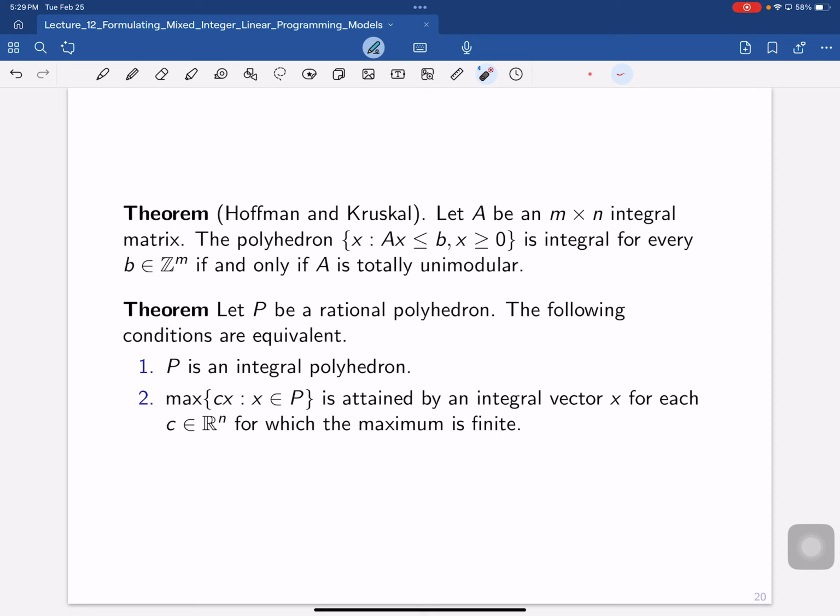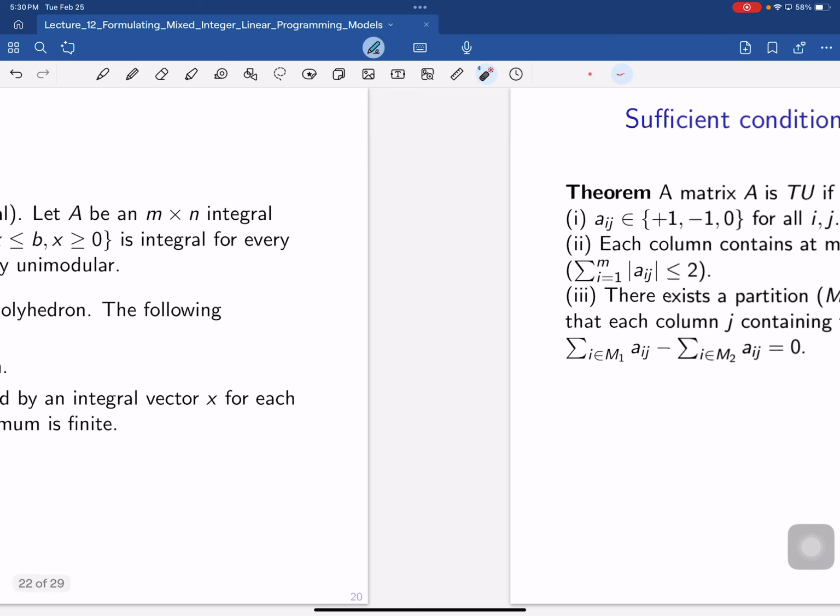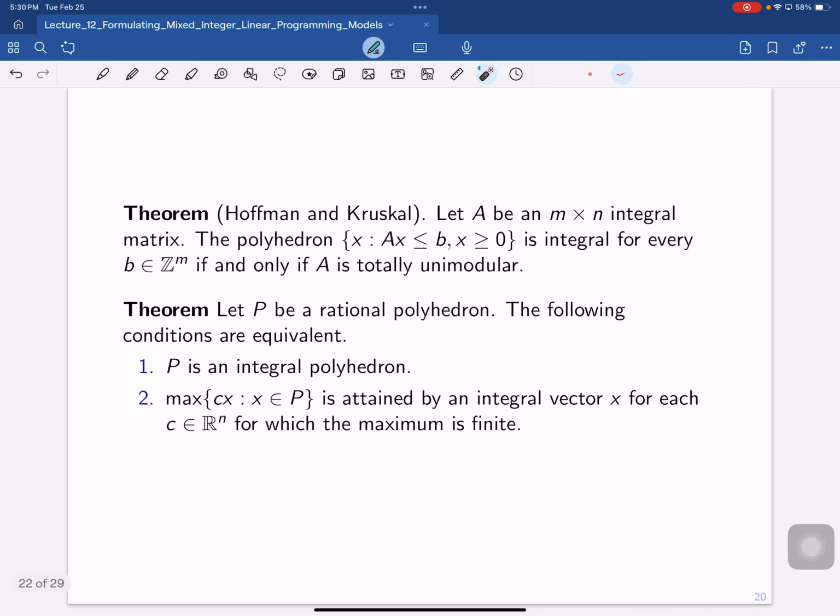So that's an important property for a given polyhedron to always have integer vertices. Okay, right. Now there are also some further theorems. Let's just skip that because I want to give you more intuition by showing you an application.